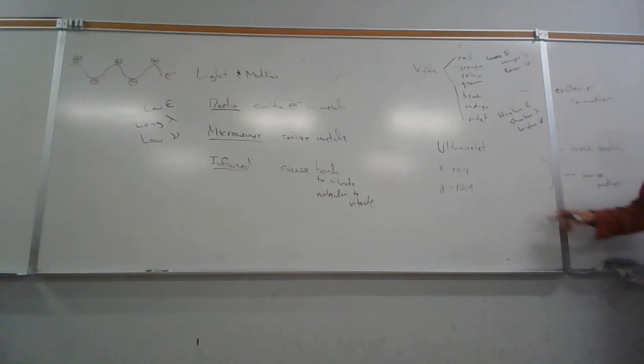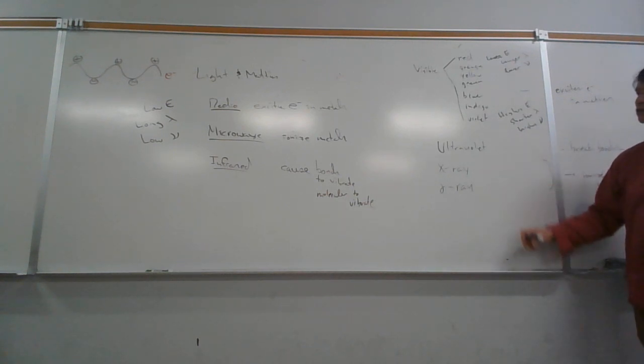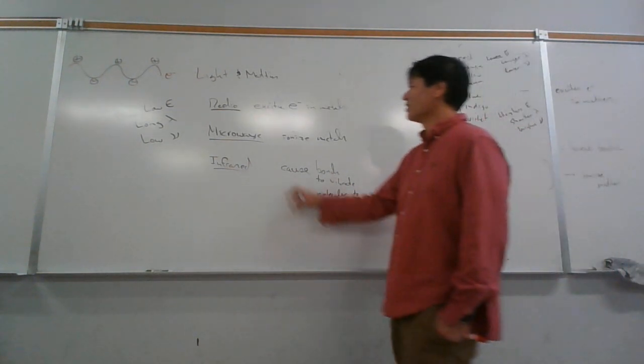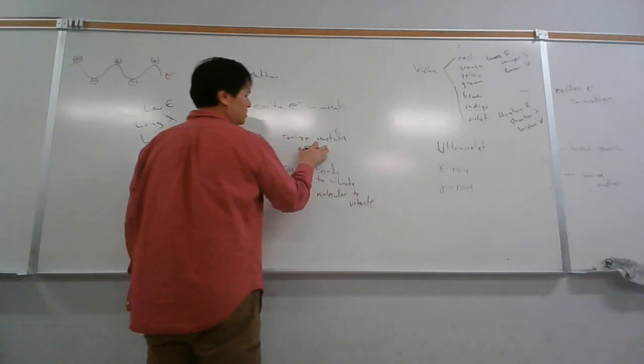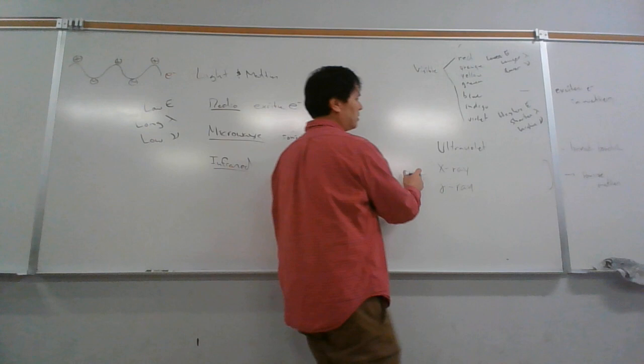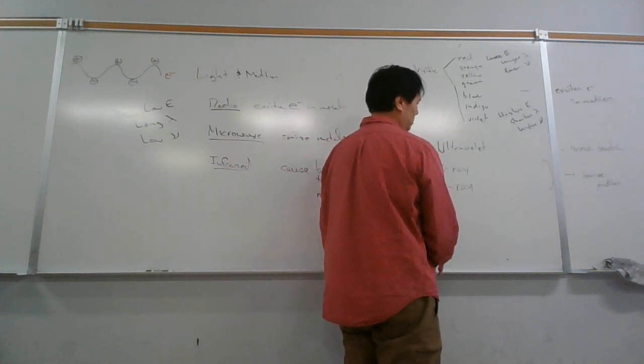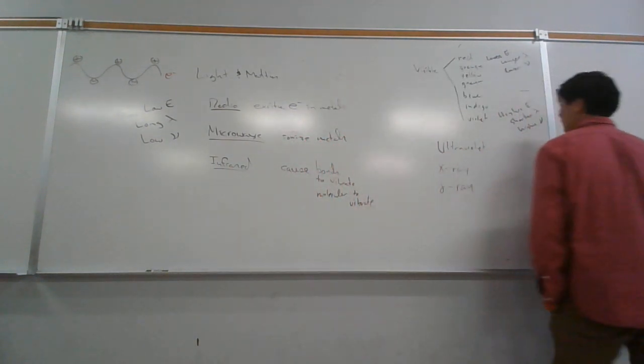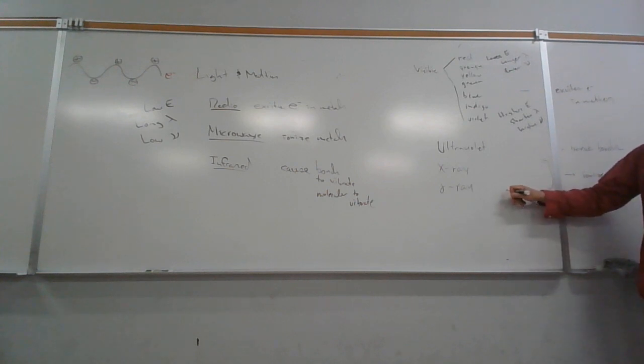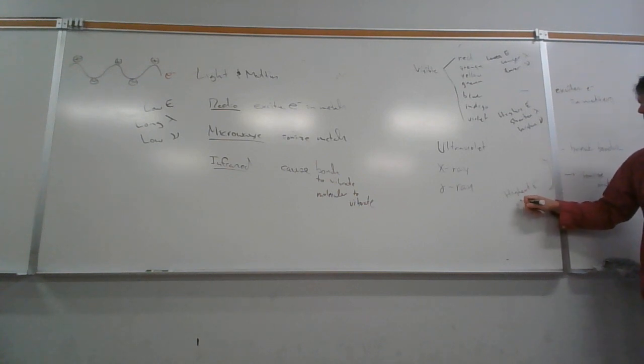Therefore, these last two are called ionizing radiation. Radio waves and light waves can only ionize metals, but gamma and X-rays can ionize lots of things. So this is very damaging. This is the highest energy light, with the shortest wavelength and the highest frequency.